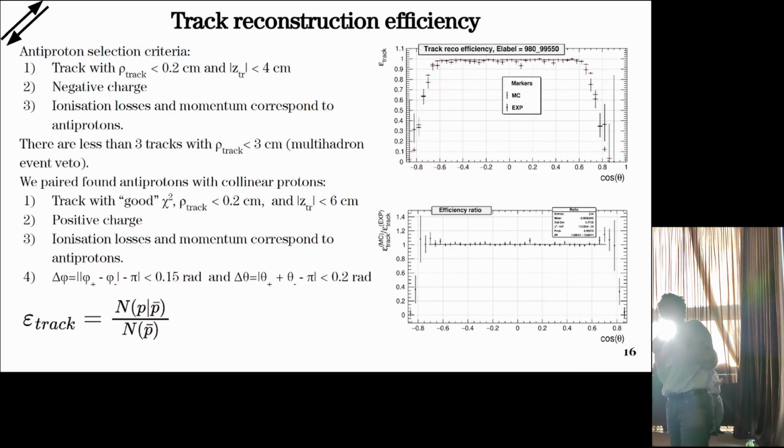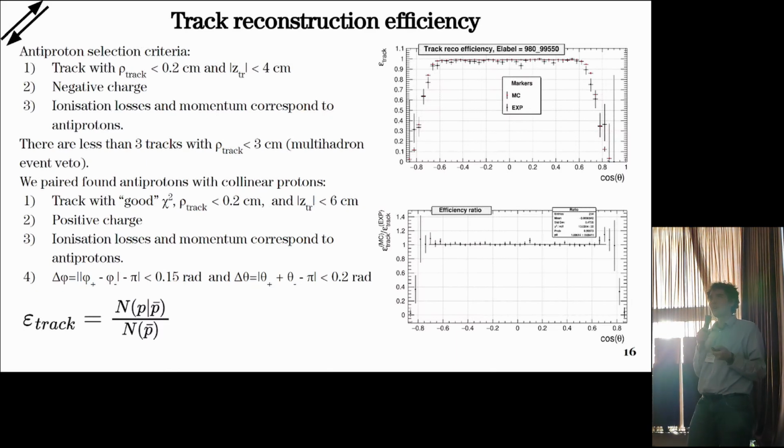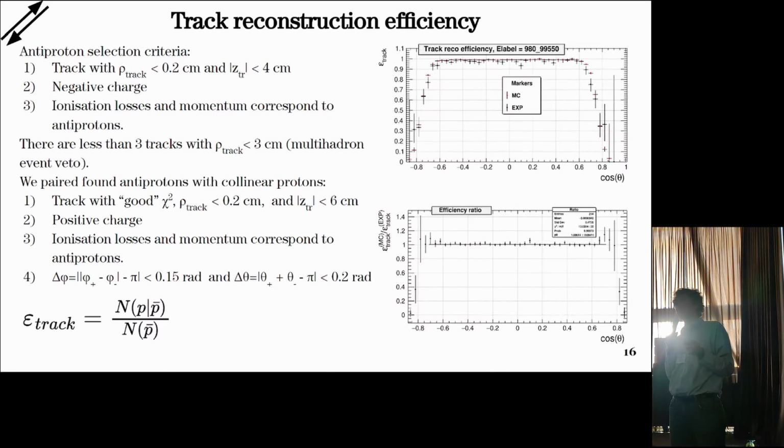Negative charge is obvious, and ionization losses and momentum corresponding to antiprotons are obvious too. For this antiproton sample, we look for a proton with pretty much the same criteria, and we require these tracks to be collinear. Afterwards, we simply divided the number of events with a proton-antiproton pair by all events with an antiproton.